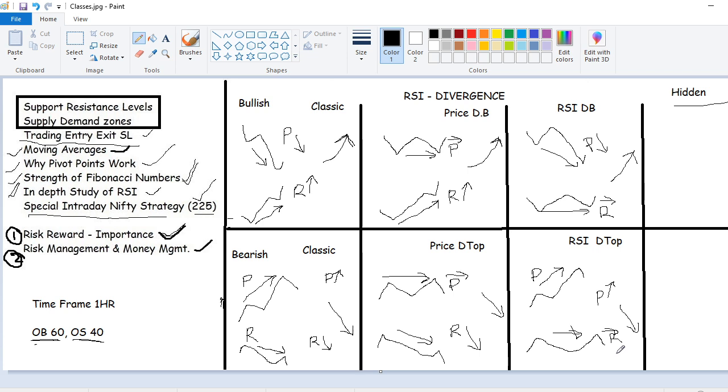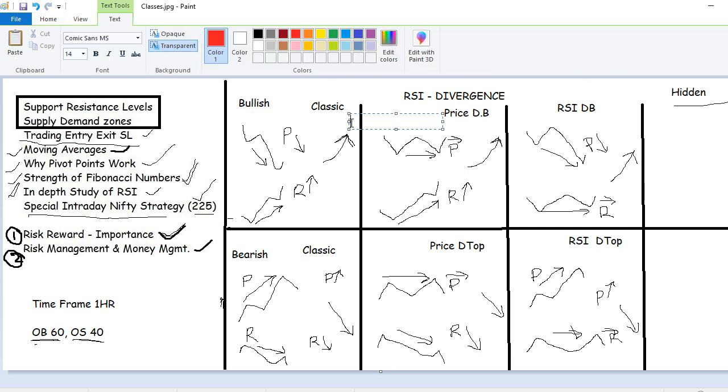Now coming to the hidden divergence, which nobody talks about. Now for this, it's a kind of reversal. Till now we have been seeing all these things in a downtrend. All these three we watch in a downtrend.